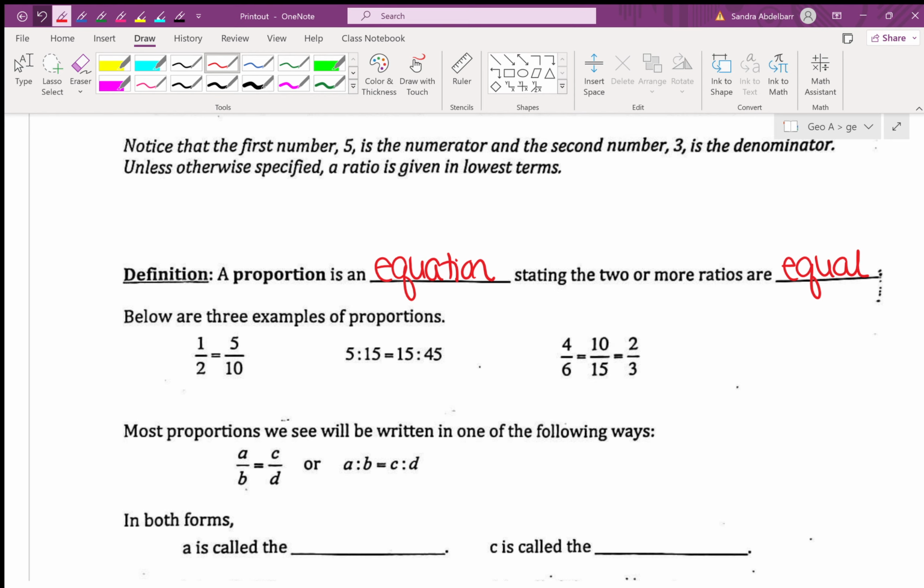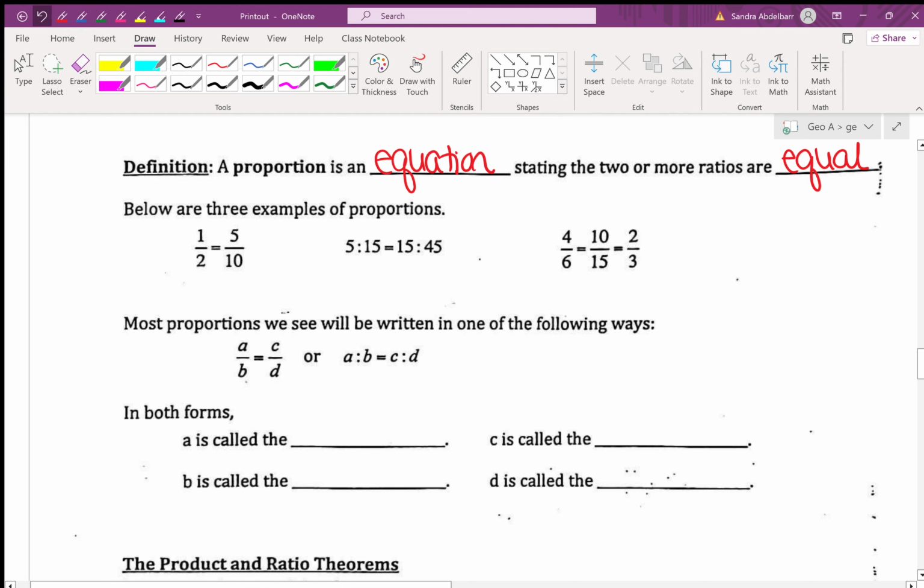Most of the time, you guys are just able to look and be like, yeah, I know that's true, similar to this first one. A half is equal to 5 over 10. How do we know 1 to 2 is the same as or equal to 5 to 10? Because 5 over 10 can reduce to a half, 1 over 2, right? So a lot of times you can just reduce a fraction and know that they're the same.